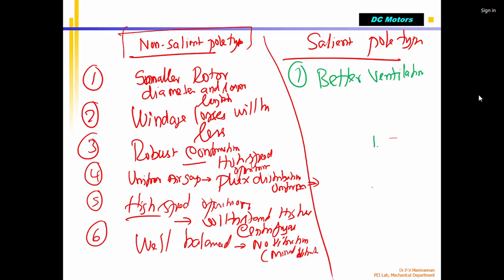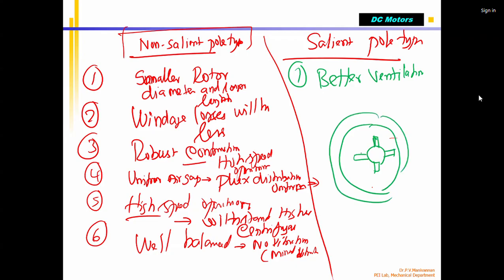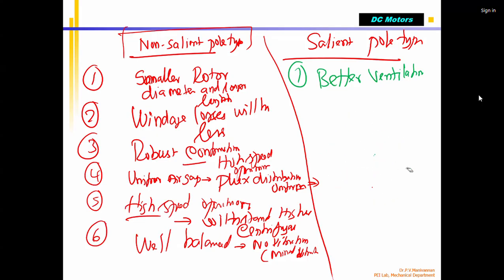I told you, I have the rotor, there are projections. And this is my stator. Correct? Because of the projections, a large gap will be there. This is the air gap, correct? So that means more air can go. Better ventilation is possible. Cooling will be better in salient type.